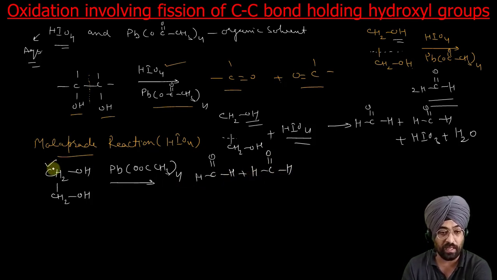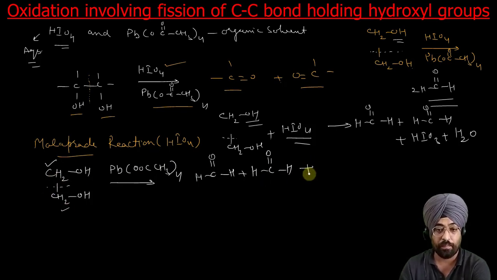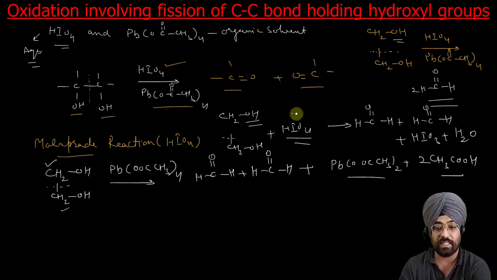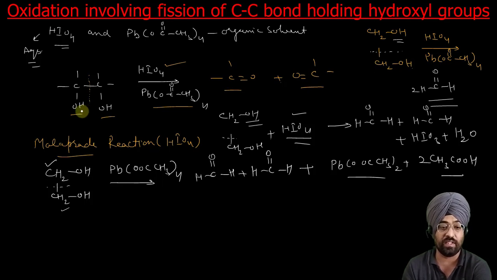Basically these terminal alcohols are converted to aldehydes, plus Pb(OOCCH3)2 and 2 acetic acid. So this is the complete reaction with HIO4 and lead tetraacetate, and only those polyhydric or dihydric alcohols in which the OH groups are attached to adjacent carbons show this reaction.